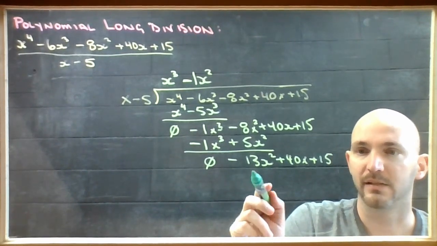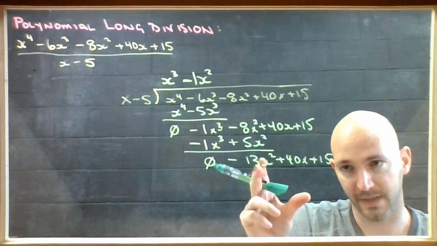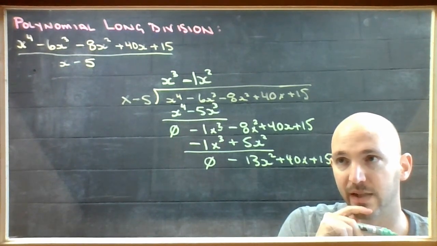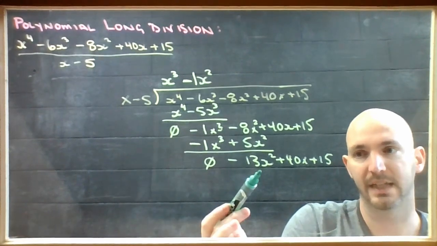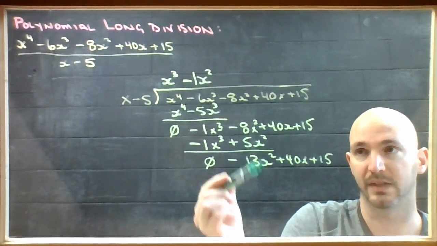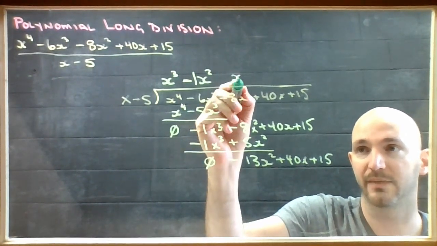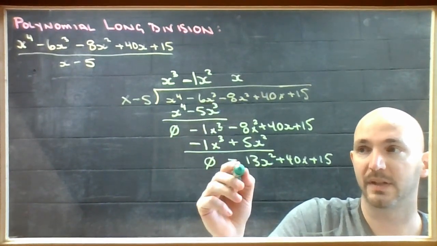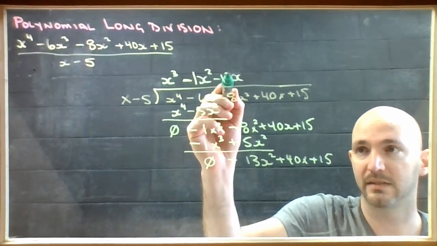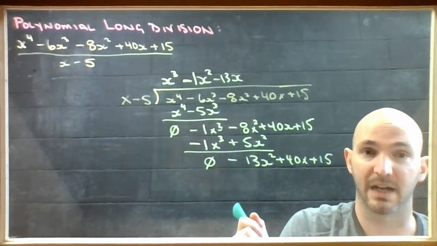All right, now that I've got this new pile, my diminished pile, I need to try this process again. So what would I multiply x by to get -13x squared? Well, I need a factor of x to get the x's to be an x squared, and I'm going to need a -13 in order to make the numbers match.